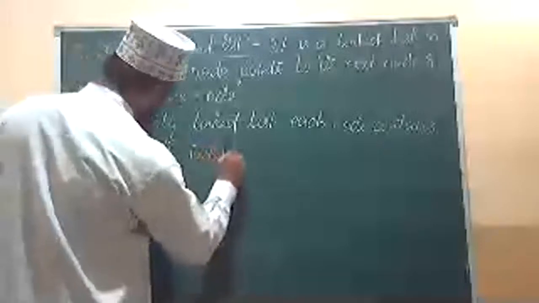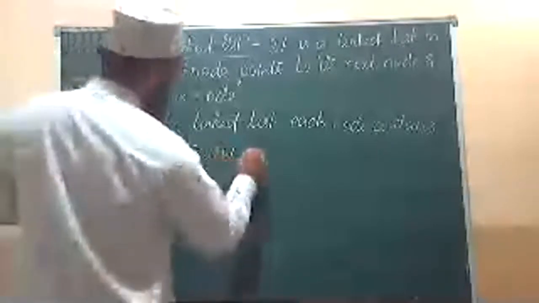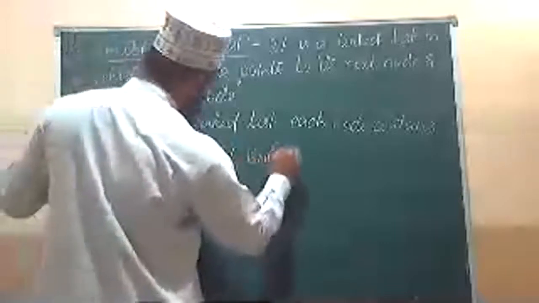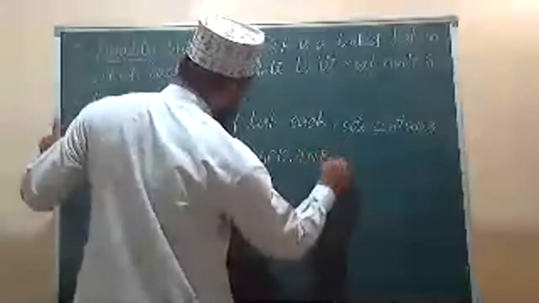But in a doubly linked list, each node contains three parts. Let's see which are these three parts. The first one is called forward, in short written as for. Then the next is called back, and the last one is called info.